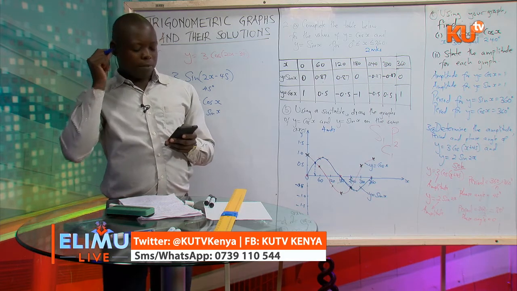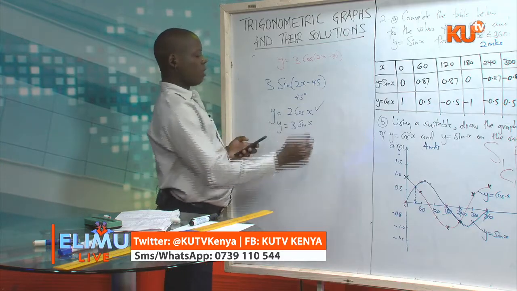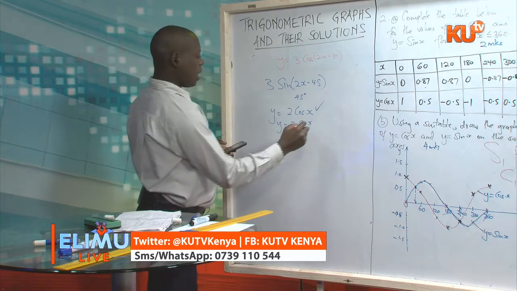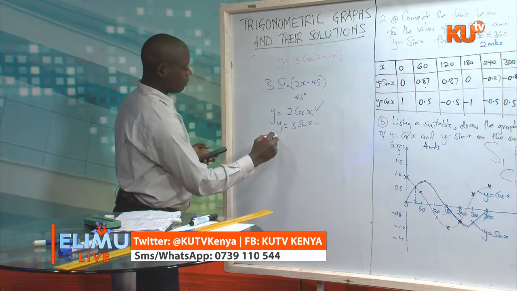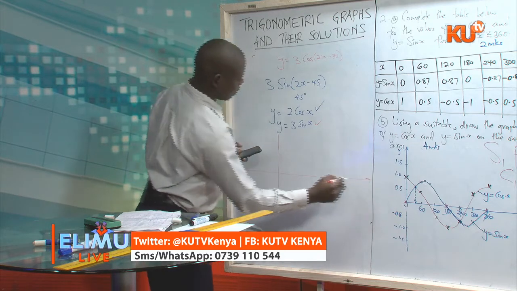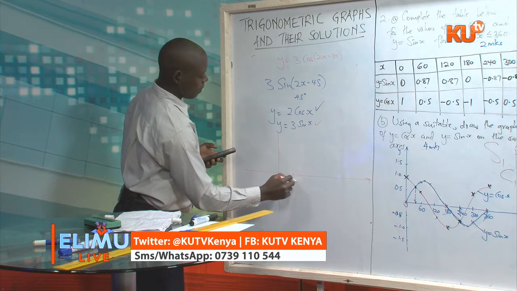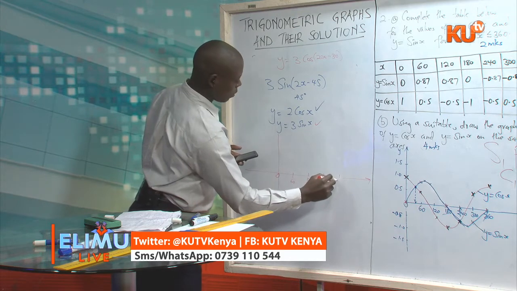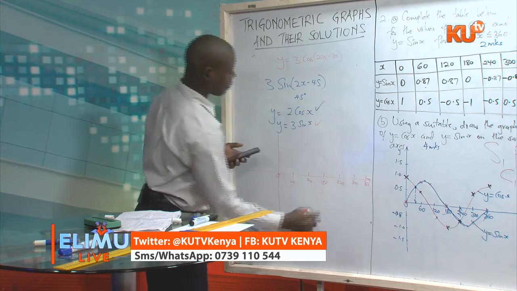Now when you're given these graphs to draw, it means draw the graph of y is 2 cos x and draw the graph of y is 3 sine x. If you draw these graphs, they will appear like this. Let's take, for example, this is 0, this is 60, 120, 180, 240, 300, and 360.